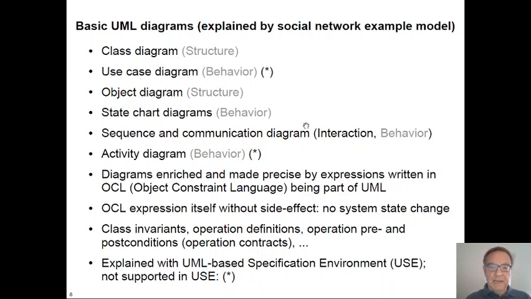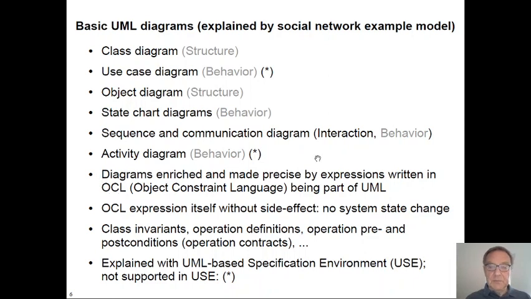The diagrams that we have encountered so far in a very short way were the class diagram, the use case diagram, the object diagram, the state chart diagram, and interaction diagrams, namely the sequence and the communication diagram, and we have looked at activity diagrams.